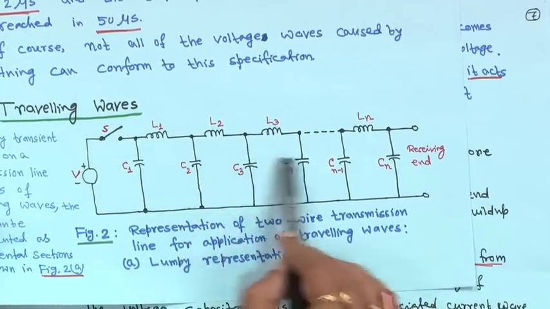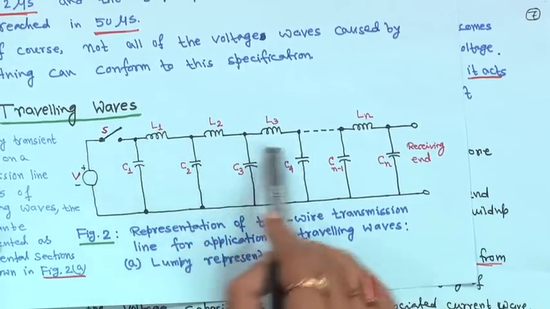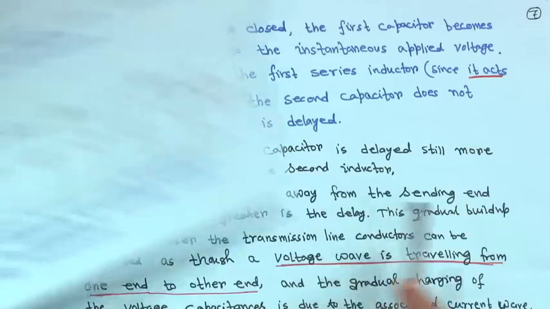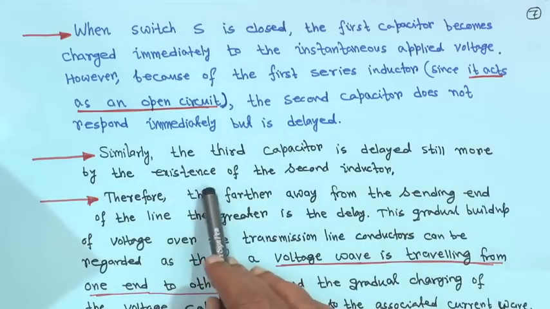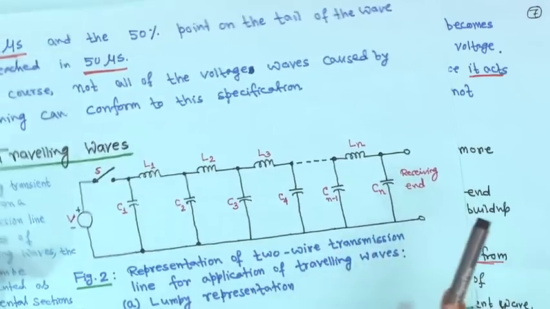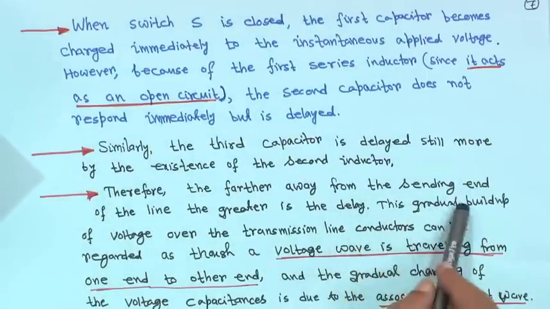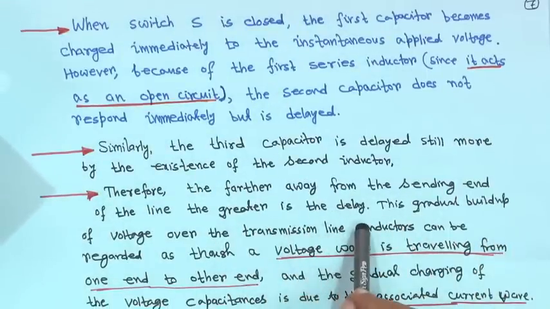This phenomenon happens from the sending end to the receiving end. Similarly, the third capacitor is delayed still more by the existence of the second inductor, and so on. Therefore, the farther away from the sending end of the line, the greater is the delay.